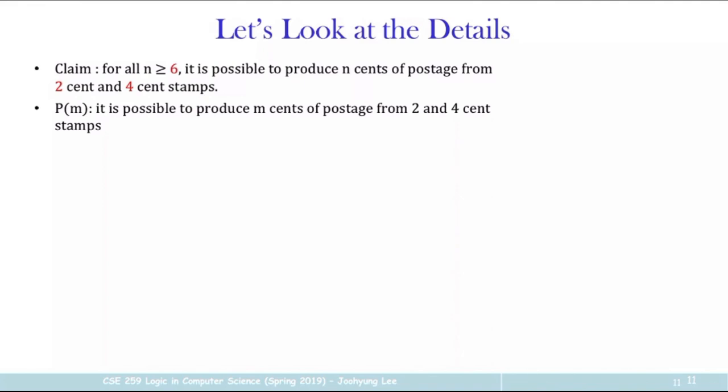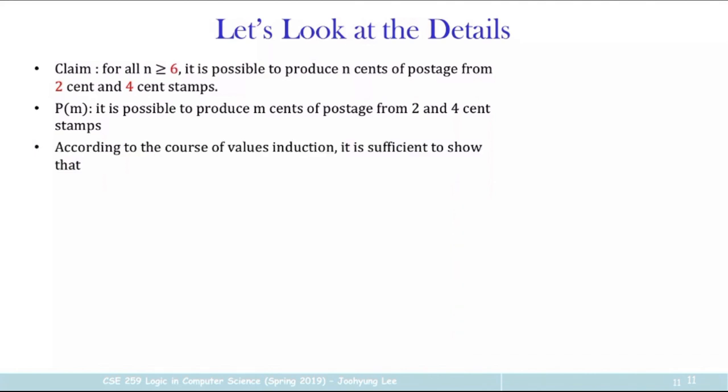In the homework, I usually ask you to state clearly what P of m is. For this problem, P of m is a sentence that can be either true or false. The sentence says it's possible to produce m cents of postage using 2 cent and 4 cent stamps. This P of m is a declarative sentence that can be either true or false. Although it's actually false.